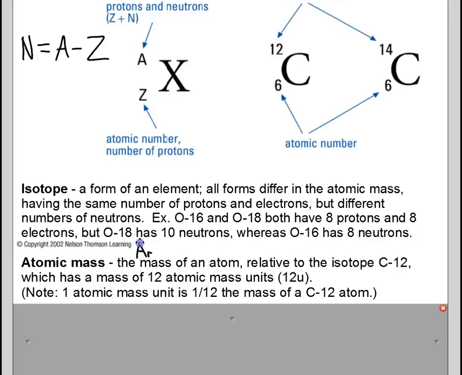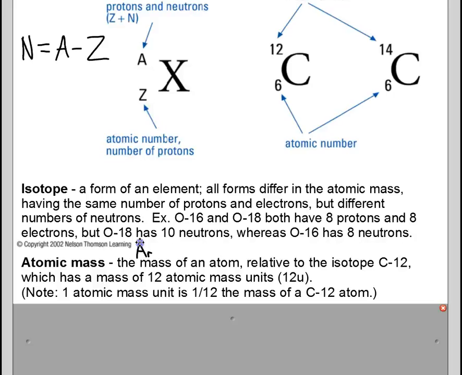Now this is not the total of protons and neutrons, but this is a mass which is on a scale that's relative to a particular isotope. So rather than trying to say, well, the mass of an atom is so small, it's in grams, and there's a lot of zeros before the first digit, what we do is we refer to relative masses, where we say, okay, carbon 12, C12, has a mass of 12 atomic mass units. So it's sort of an arbitrary choice. Kind of fits because, of course, carbon 12 has 6 protons and 6 neutrons.